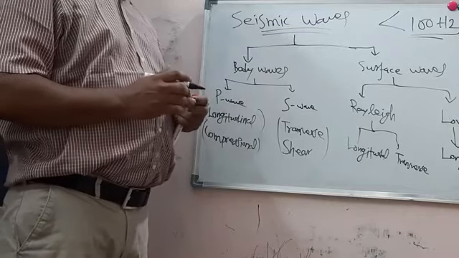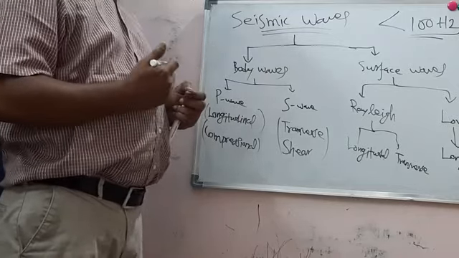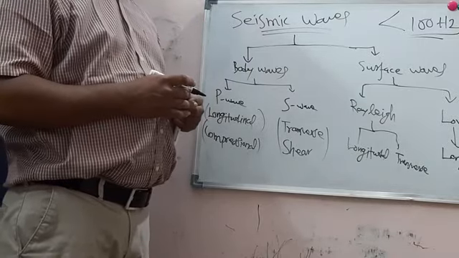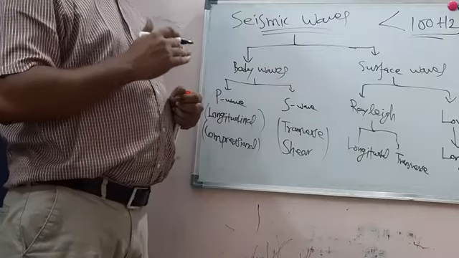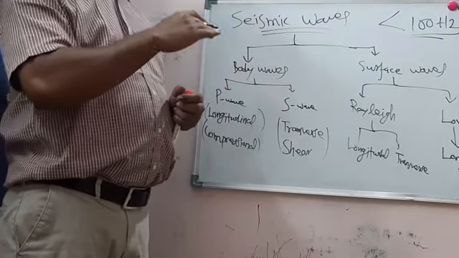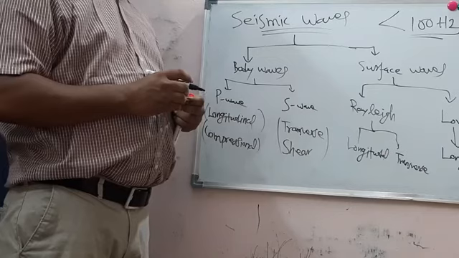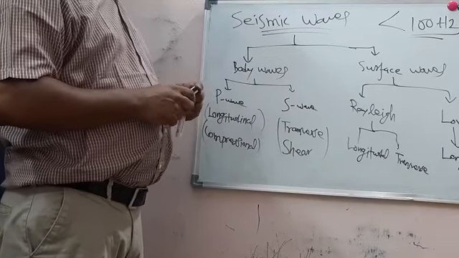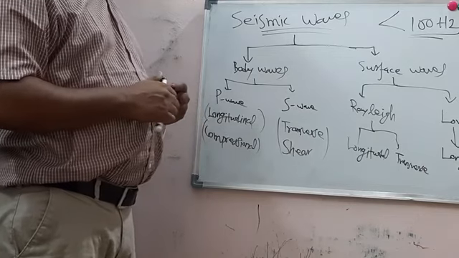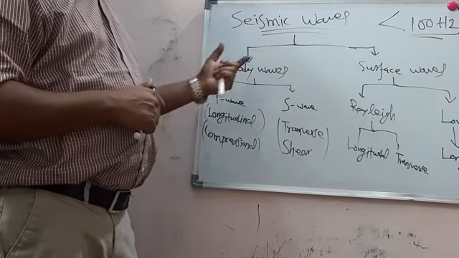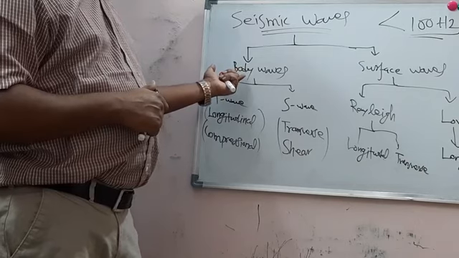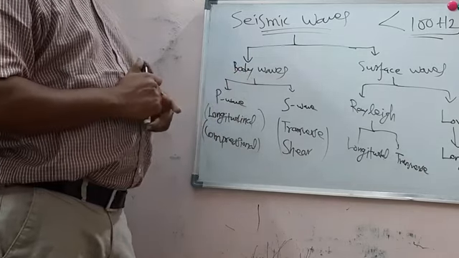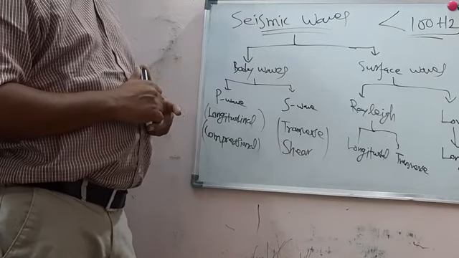Body waves move across the Earth's internal body, whereas surface waves move on the surface only. In general, body waves move faster than surface waves.